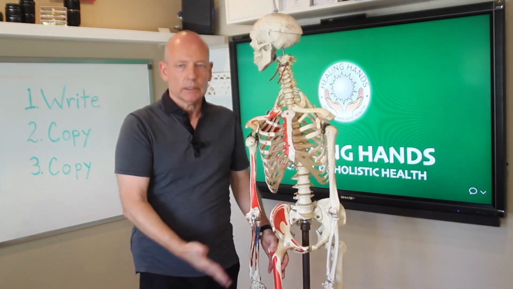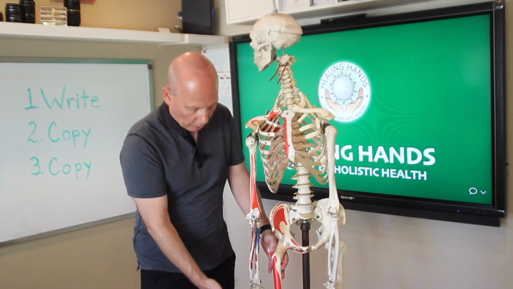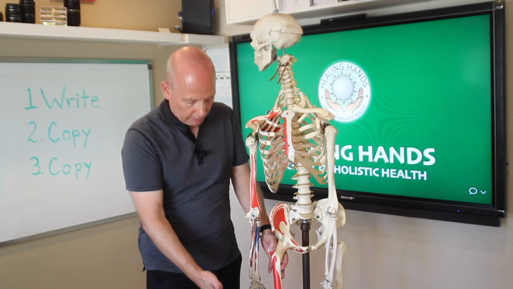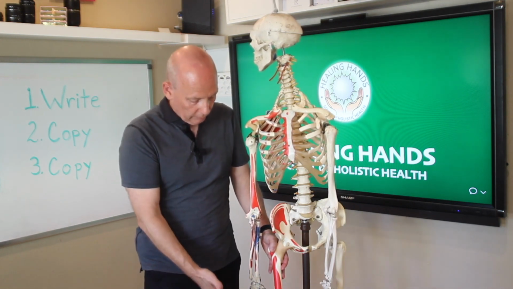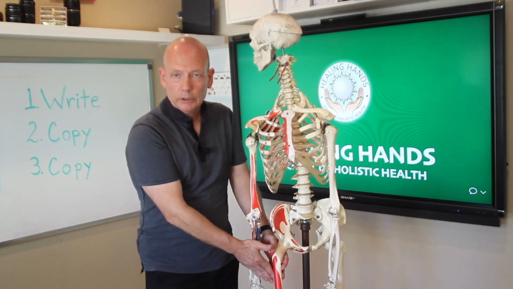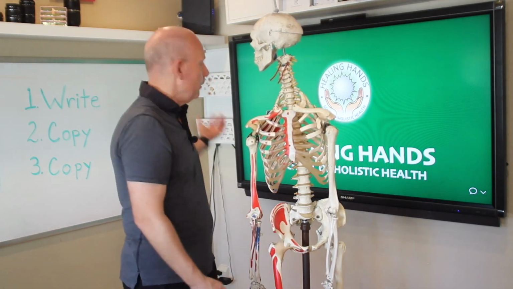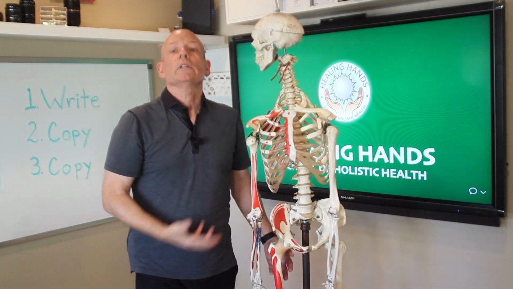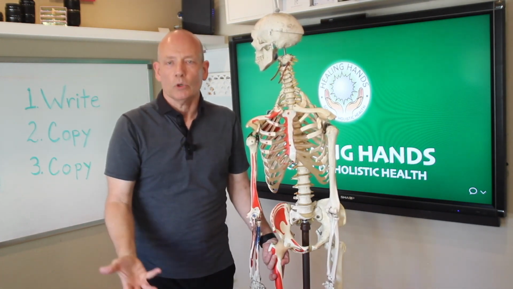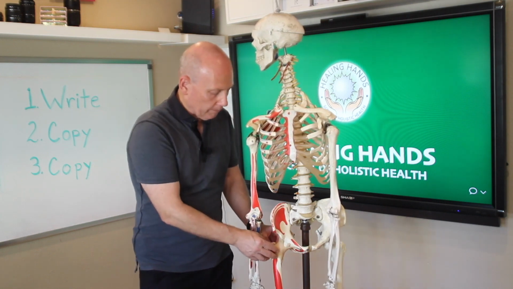Each one of these, whether it be tarsals, metatarsals, phalanges, carpals, tibia, fibula, femur. You want to write them down and copy them over and over. Say them. The more you say them, the more familiar you are with them.